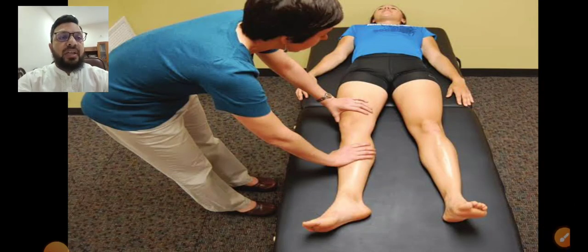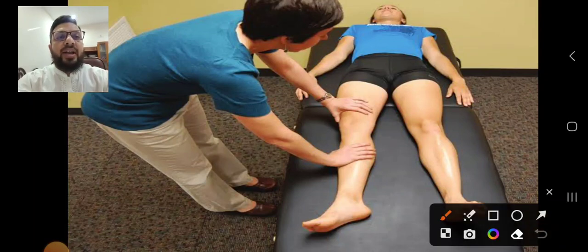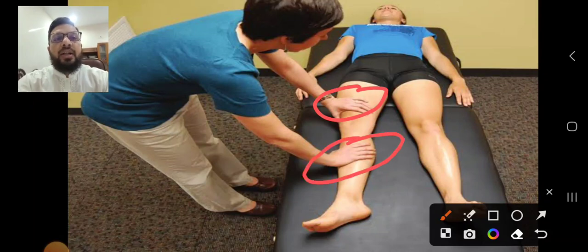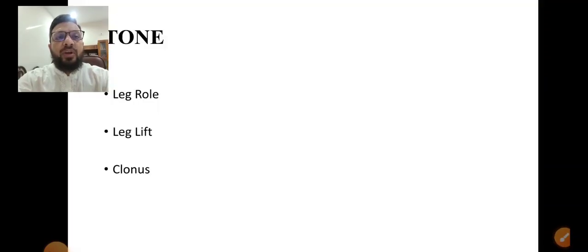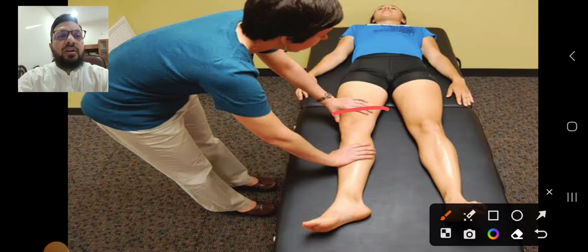The patient is lying down, and then you can see one hand on the thigh and the other hand on the leg. So simply, this is leg roll. You will give a small to and fro movement here, and you will check if the patient's heel gets off the bed or not.